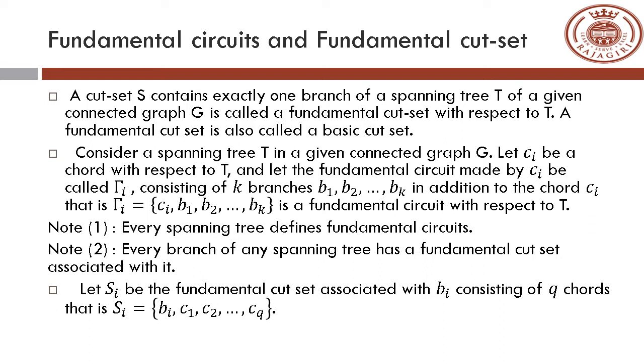These are the edges of the given graph G where Bi is an edge of the spanning tree. That means the fundamental cut set contains exactly one branch and the remaining edges will be chords of the graph G.